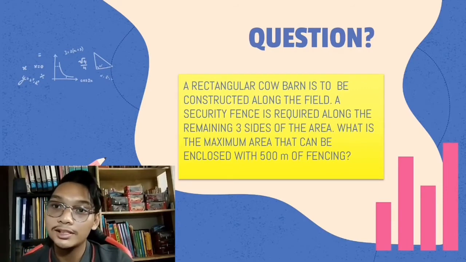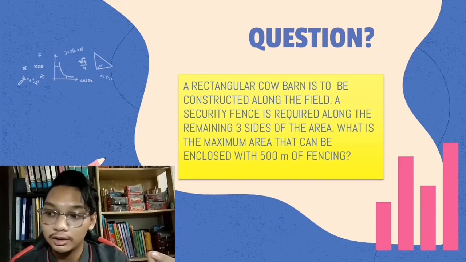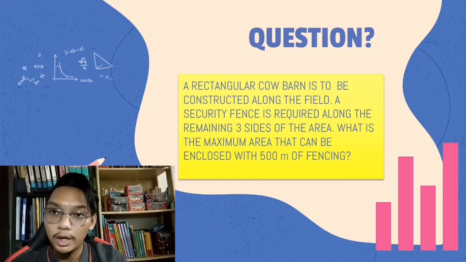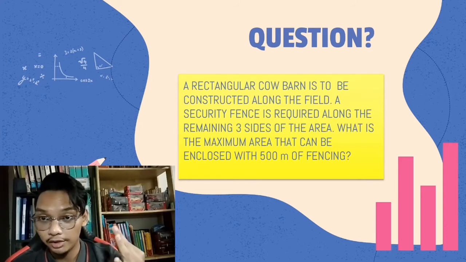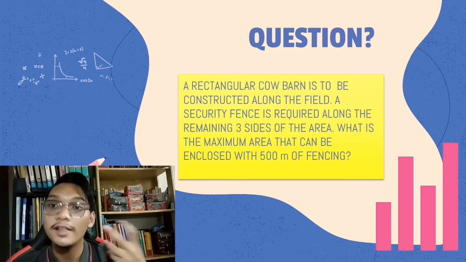Hi, I'm going to explain the question. The question states that a rectangular carbon is to be constructed along the field. A security fence is required along the remaining three sides. What is the maximum area that can be enclosed with 500 meters of fencing?